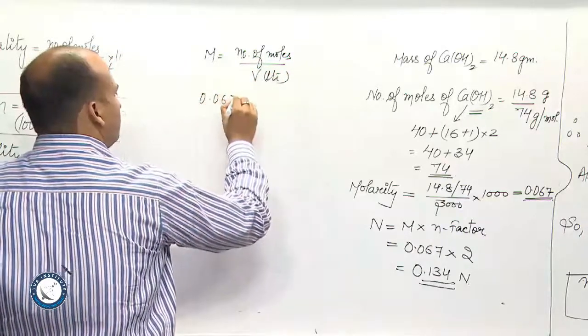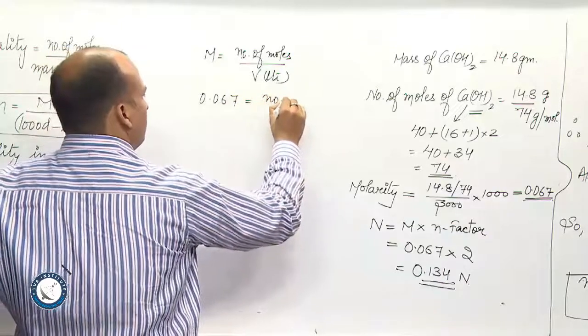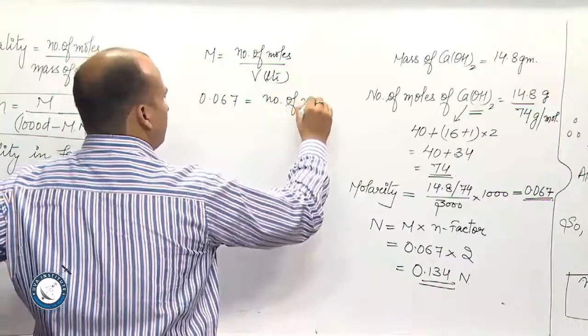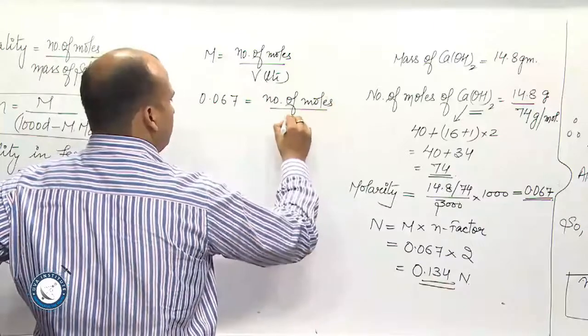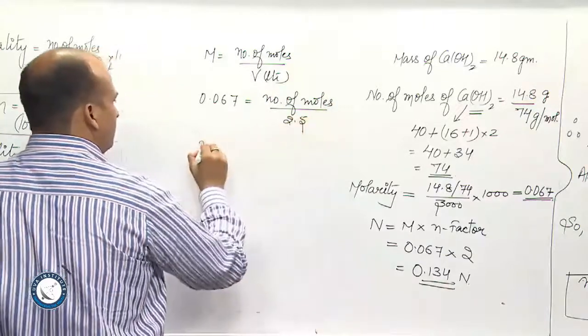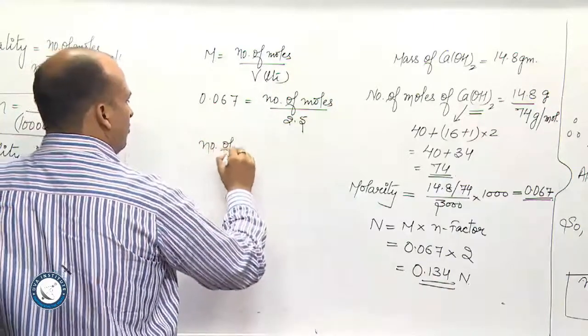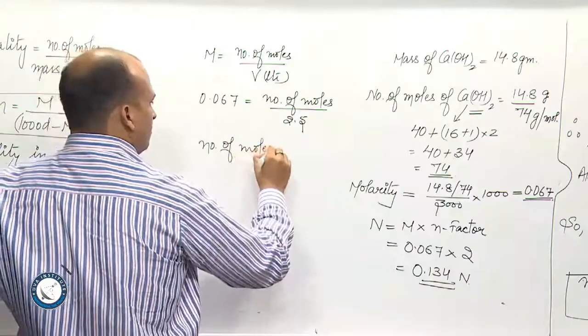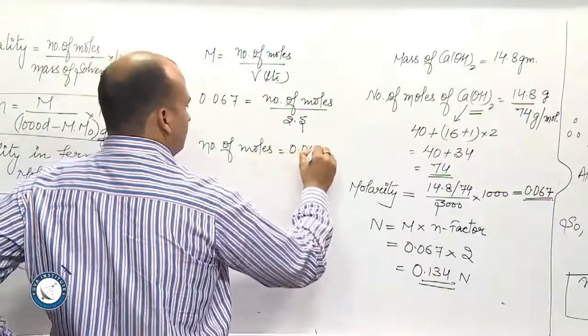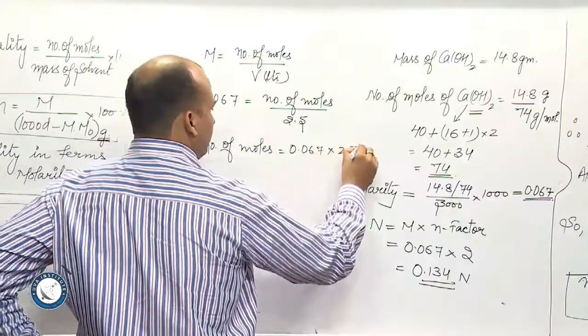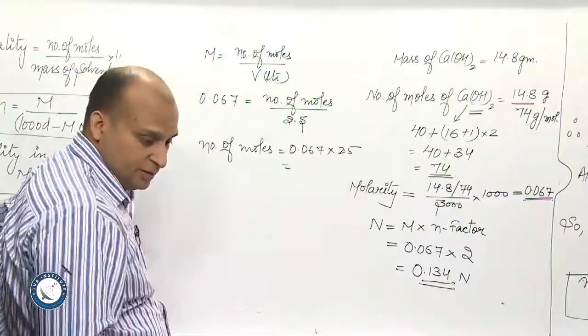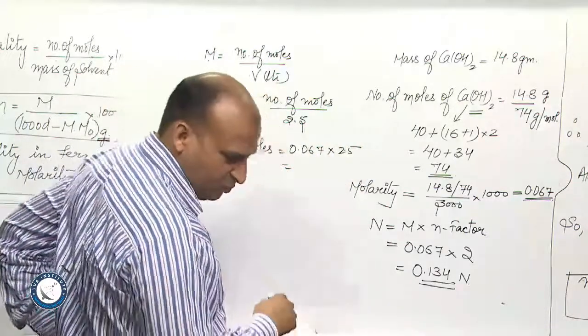So molarity is 0.067 and volume is given to be how much? Volume is given to be 2.5 liters. So number of moles is 0.067 multiplied by 2.5, and the answer is coming out to be 1.167.